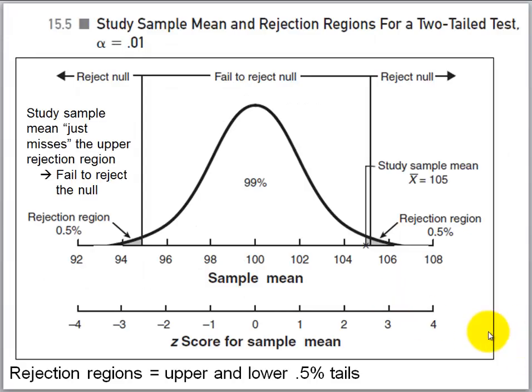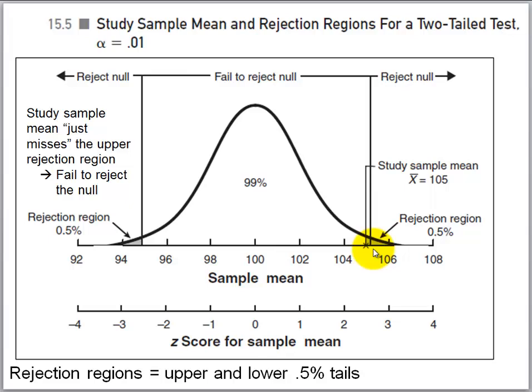So here's a visual look at our sampling distribution and results. The 5% tails on each side are the rejection regions, and these tails begin 2.58 standard deviations from the mean.